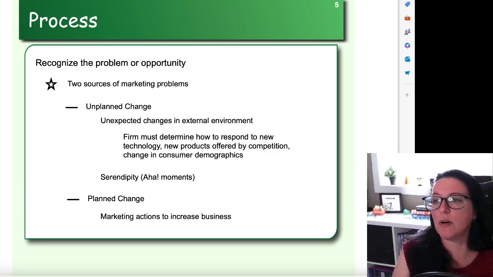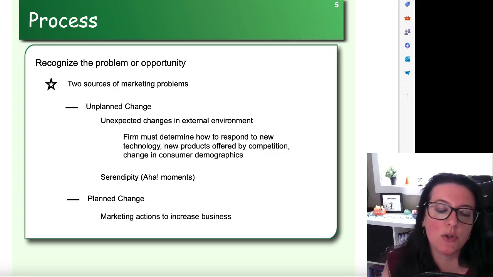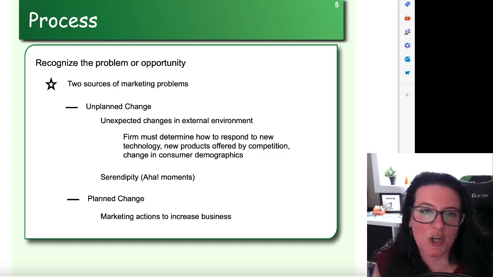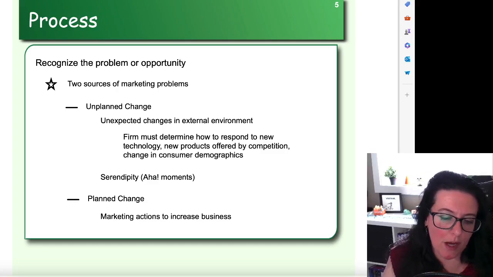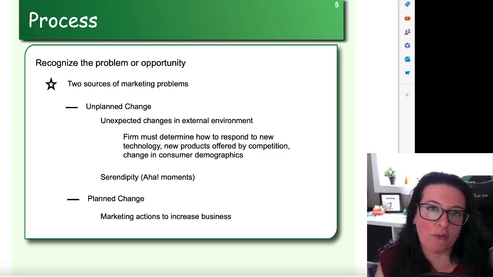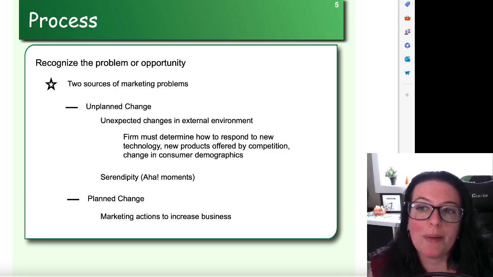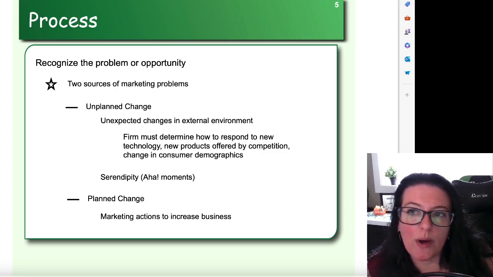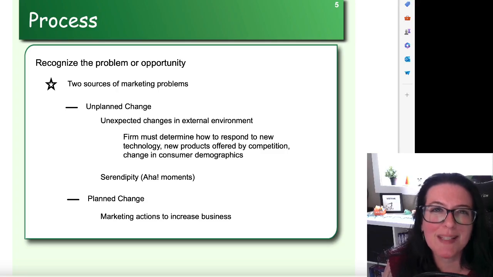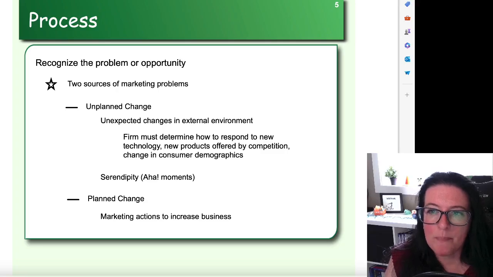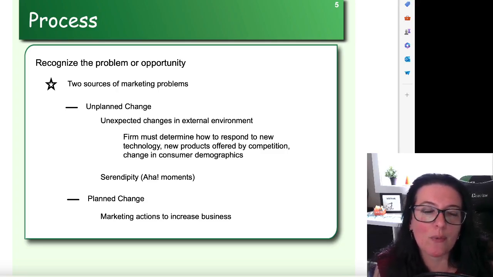So it might be in terms of who we are advertising to, who we think our target market is. We're going to transition to a new group, right? We plan that change. The population has gone from young to older. We're going to transition from baby products to products for mature individuals. We're planning for that change, and so we are going to help us with that change by collecting data, analyzing it, and make recommendations.